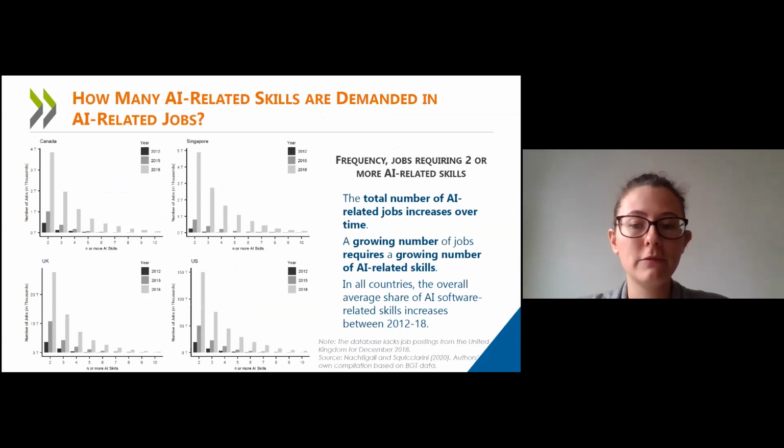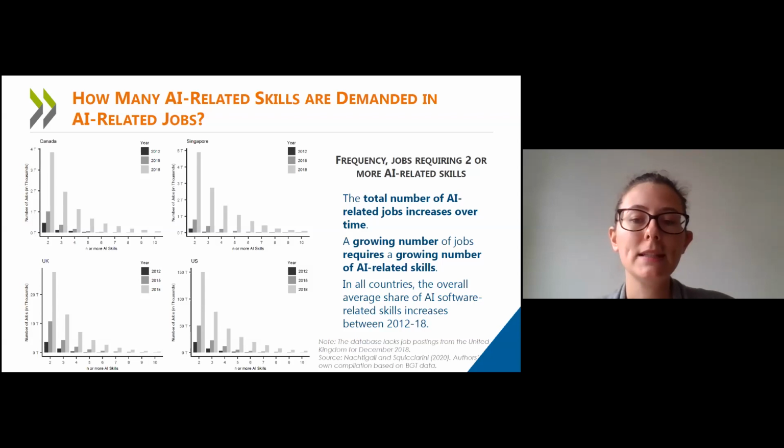The next question we asked ourselves was, do these workers work together with AI, or do they really advance AI? Here in these four little charts, you can see the frequency with which these AI-related keywords appear in our AI-related defined jobs for the years 2012, which is the black bar, then 2015, which is the dark gray bar, and then 2016, which is the light gray bar.